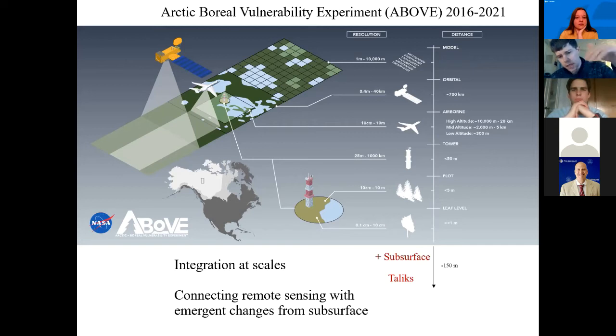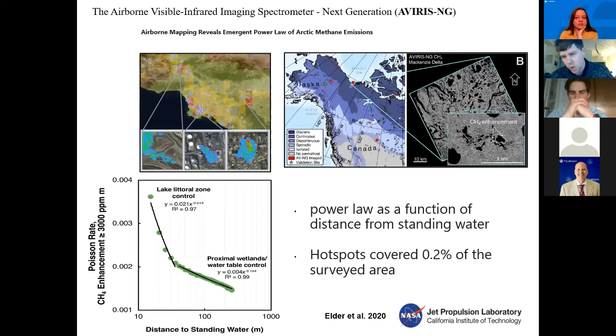And more importantly, we need to get below the ground. That's what I do: I look at the subsurface with geophysics, and I try to use geophysics and remote sensing and connect them. We're using this instrument from Jet Propulsion Lab. You're probably familiar with them because they study methane on Mars, and they have a rover on Mars, but they're also in the Arctic.